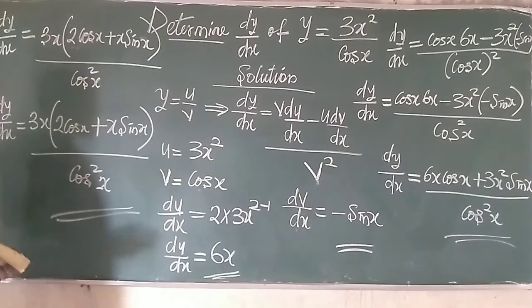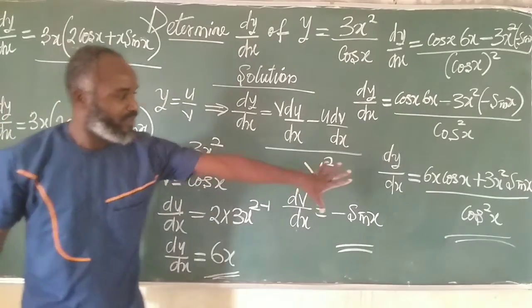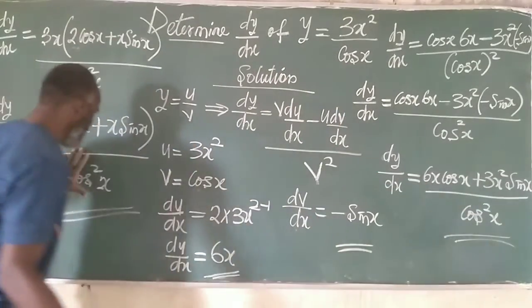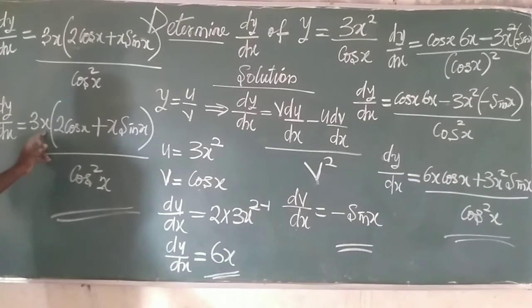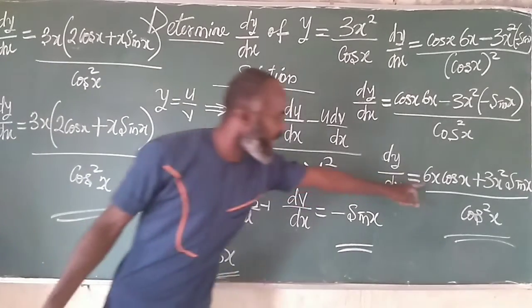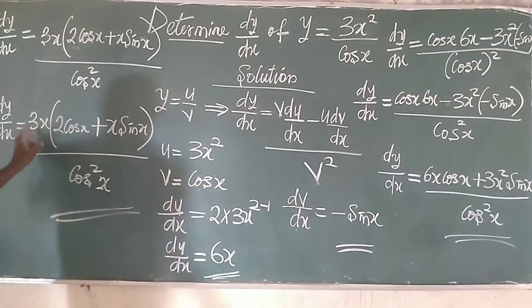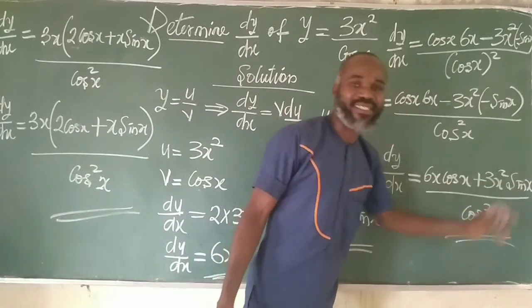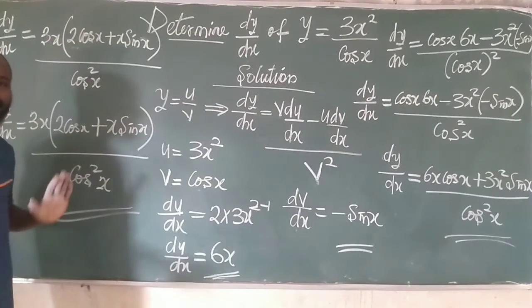We have finally simplified, and this is the answer. They are the same thing. Let's cross check. 3x times 2 gives us 6x, and we maintain our cos. Then 3x times x gives us 3x squared, and then remains our sine x. So this is okay, all over cos x squared.